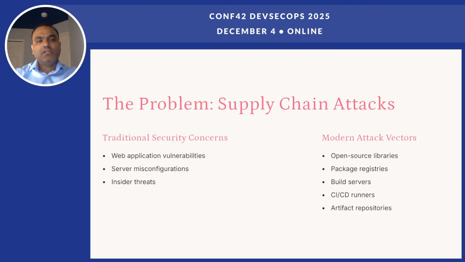The landscape of software security has shifted dramatically. Ten years ago, attackers focused mainly on application-level issues: SQL injection, cross-site scripting, misconfiguration. But today, they are going upstream and attacking the software supply chain.